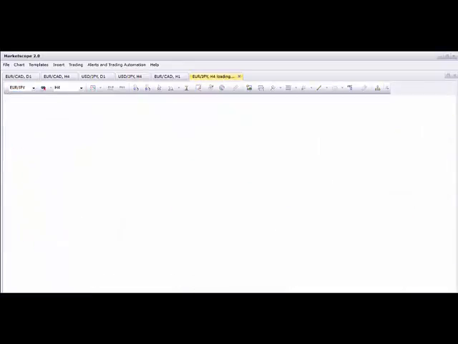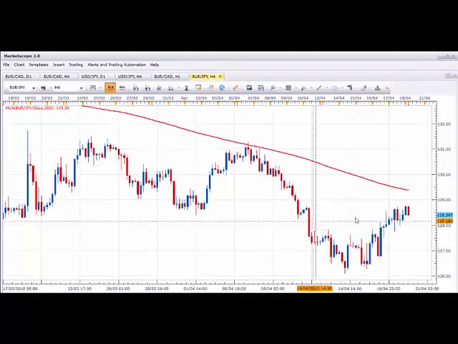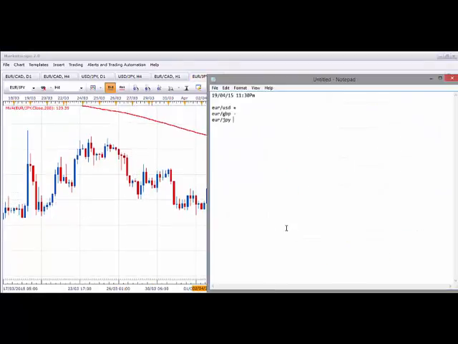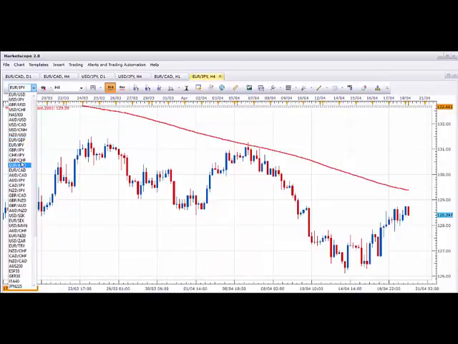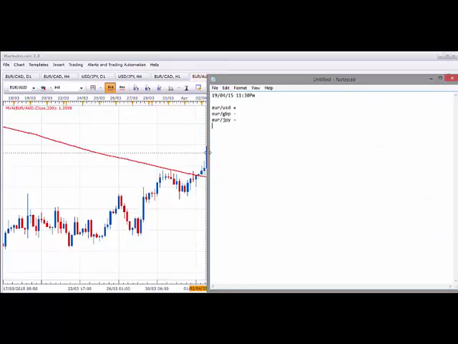Then so on, Euro Japanese yen, which is bearish, minus. Euro AUD, bearish.